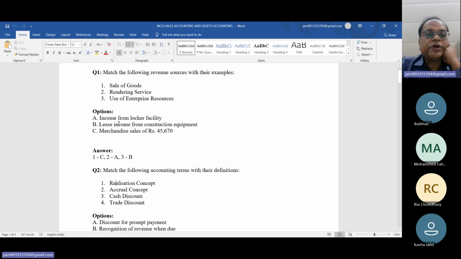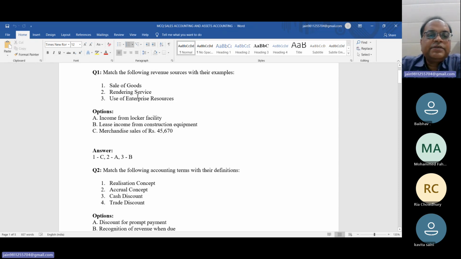Sales, rendering service, and use of enterprise resources are given. And the options are income from locker facility, lease income from construction equipment, and merchandise sales of rupees 45,670. So sale of goods directly matches number third.